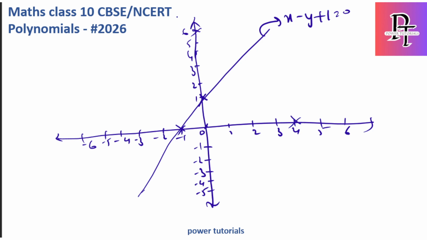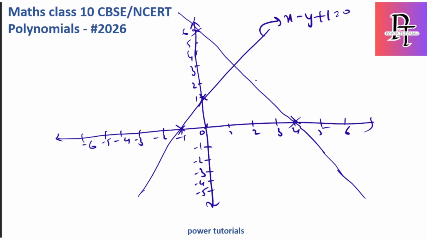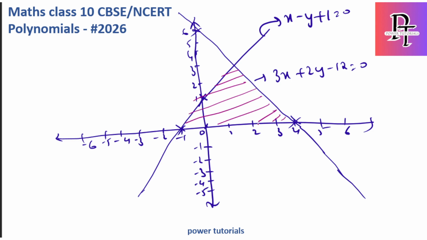So this will be the second equation, the line 3x plus 2y minus 12 equal to 0. What they are asking is to shade this, so I'll use another color for ease. This is the shaded part between these two lines and the x-axis. Okay, so this is the solution.